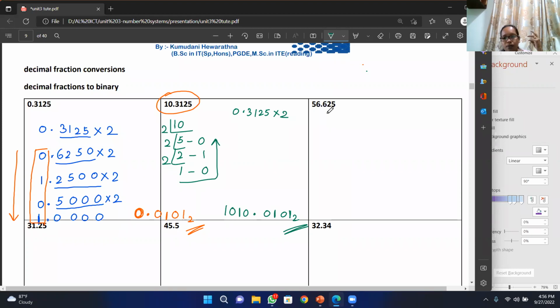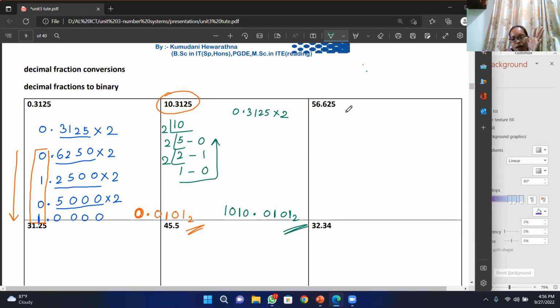Next one we'll do 56.625. Just do it. So whenever we are taking the number after the decimal, I mean the 625, I add 0.625 and start multiplying by 2. That is easy for me, maybe not for you.